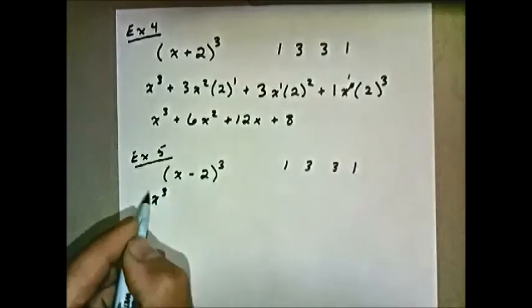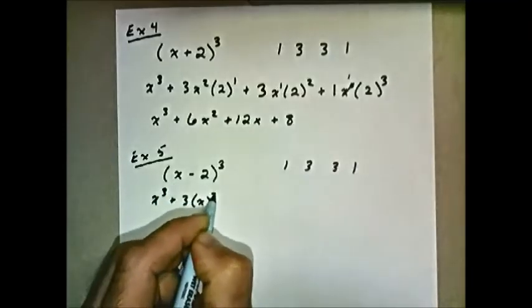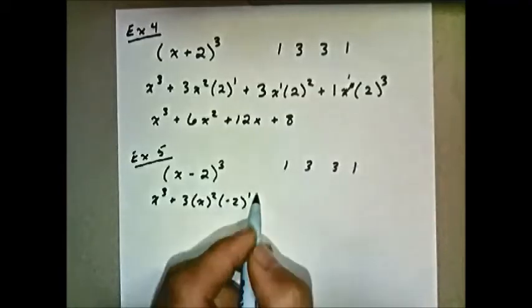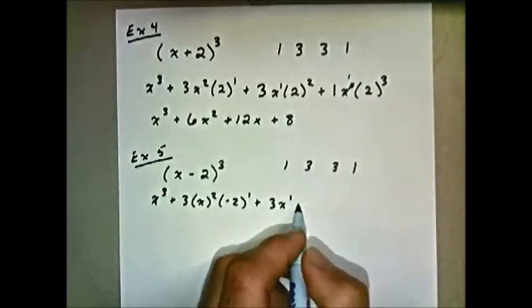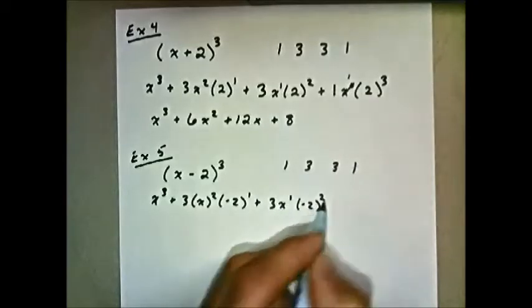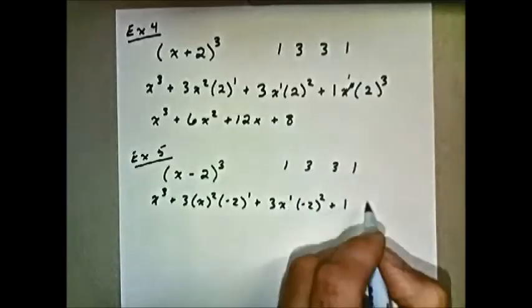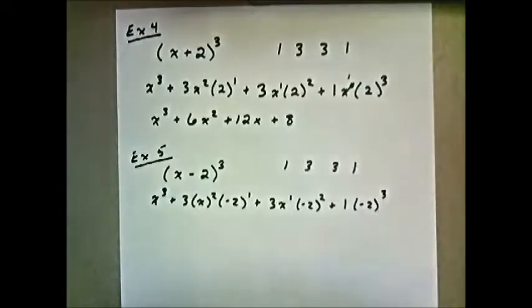So we have x to the third plus 3 times x squared, and then negative 2 to the first, plus 3x to the first times negative 2 to the second, plus 1 x to the 0 times negative 2 to the third.